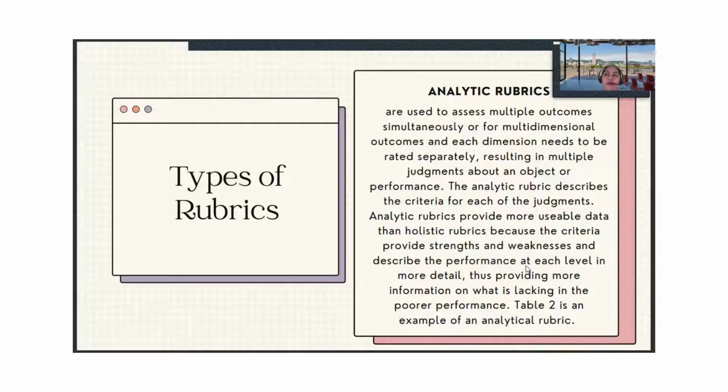Like for example, in essay writing, nakalagay na doon yung grammar, content, organization, yung mga ganun na criteria. So, hindi talaga siya yung overall performance, but specific performance in each criteria.